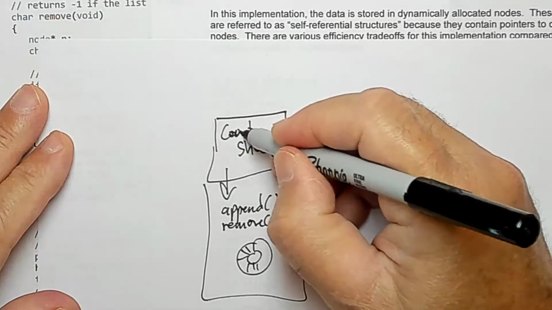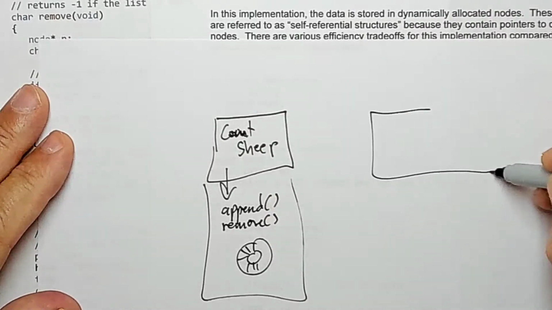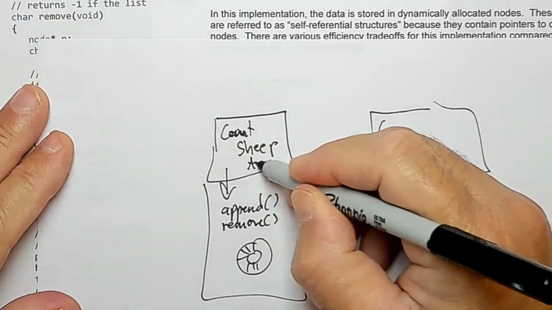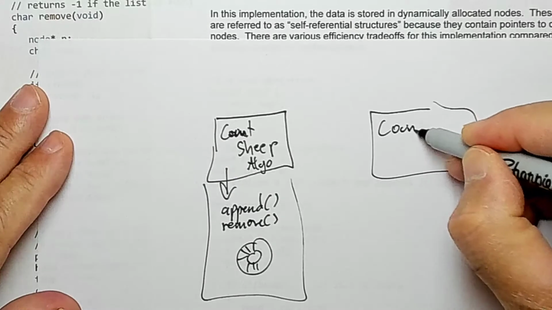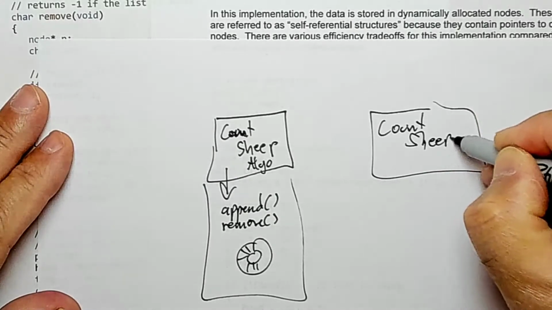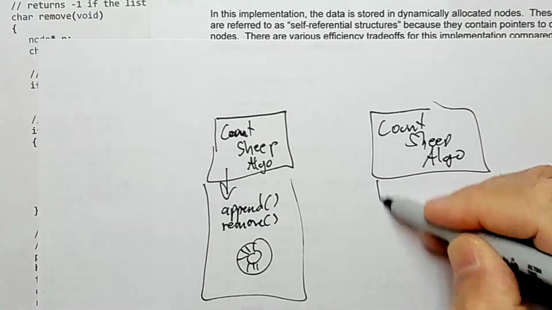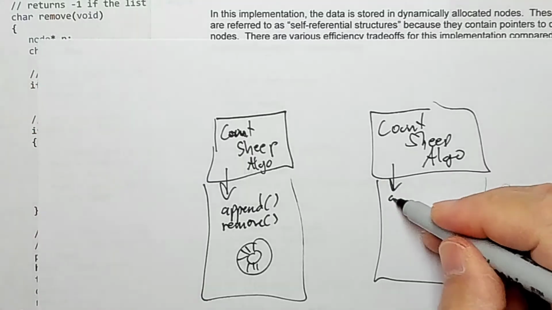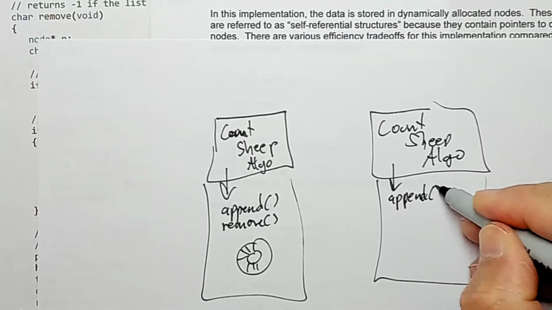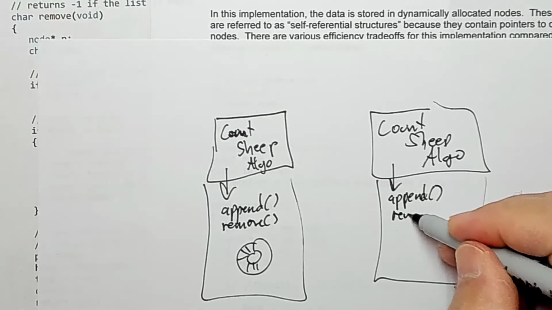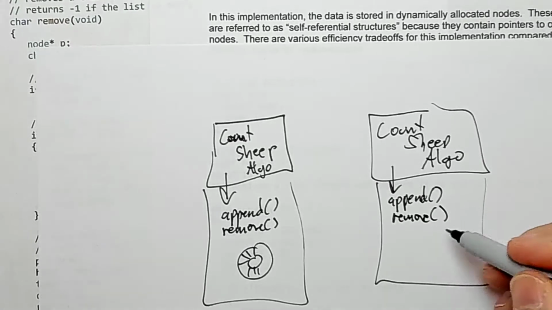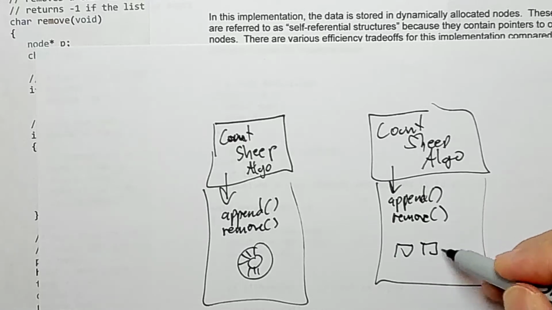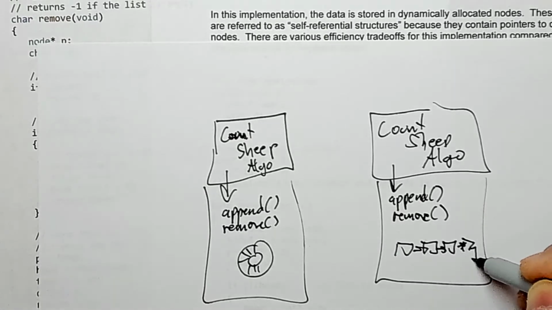This is count sheep. Or I could take the same count sheep algorithm, and it could call another implementation that still provides the same interface, append and remove. But the data inside here is stored with a different organization.